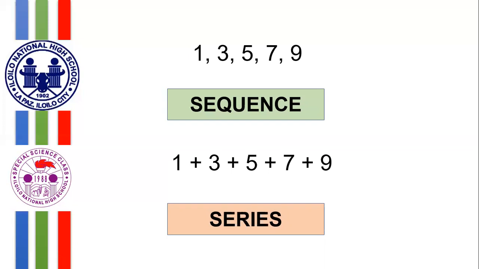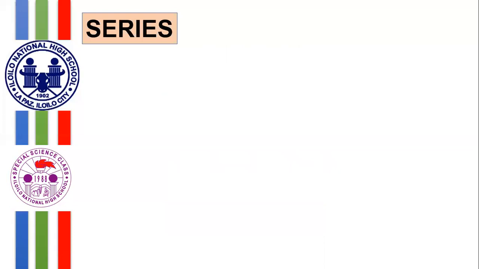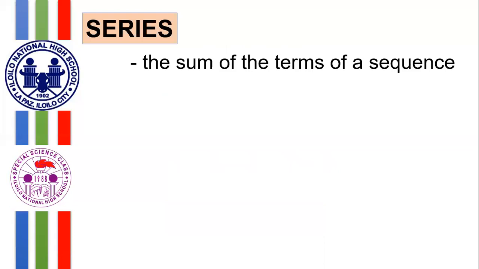And so you might ask, what is a series? A series is the sum of the terms of a sequence. Like if you are given, for example, the first 5 terms, then that could be the sequence. Then to get the series, you simply add those 5 terms.